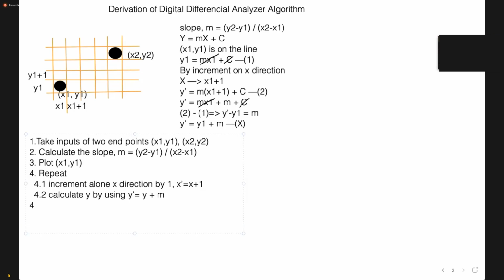Then you can plot the next point and you can repeat it again until x equal x2.